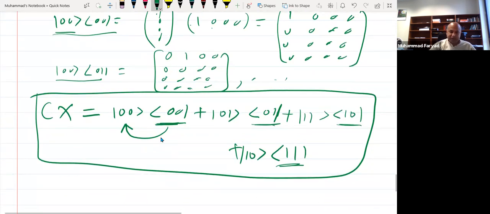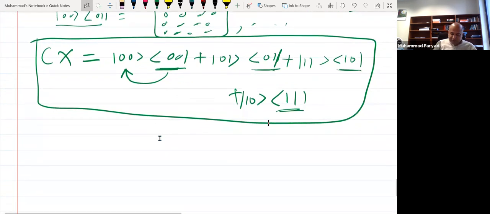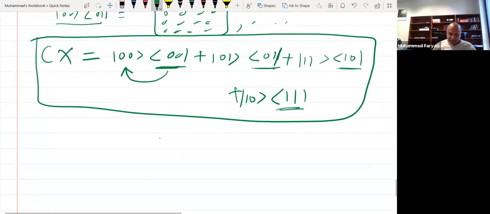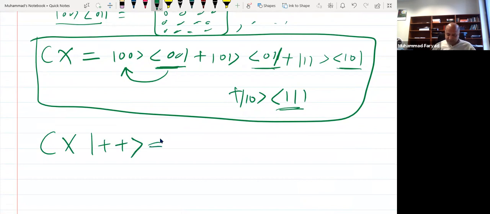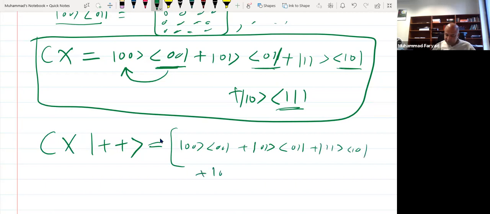And we can now check by doing a couple of things. For example, if you want to see what you would get if you apply your CX to the plus plus state, we can write it like this: 0 0 0 0 plus 0 1 0 1 plus 1 1 1 0 plus 1 0 1 1.